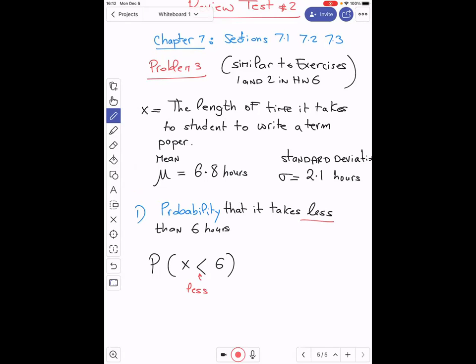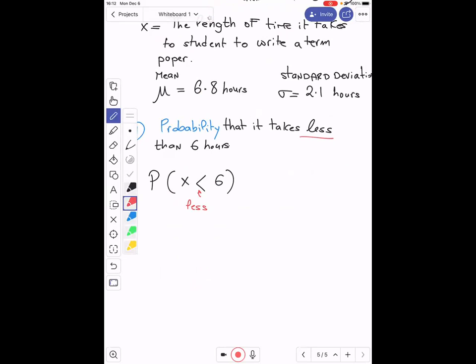All right, so there are two steps to compute such a probability. Step one, you need to convert X to Z, the variable of the standard normal distribution.